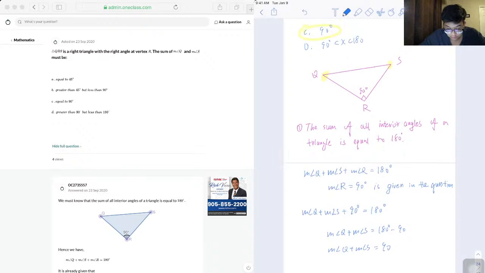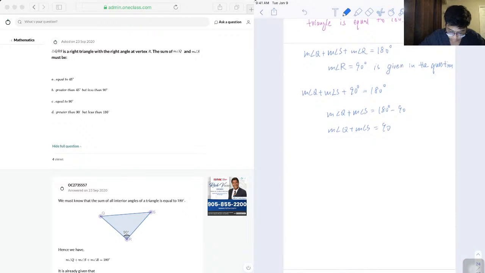And we can always substitute back to check whether, after adding all this together, they equal 180 or not. So 90, that's for R, and 90 for Q and S, and 90 plus 90 is 180, which means our answer is correct. I'll just write a conclusion there.